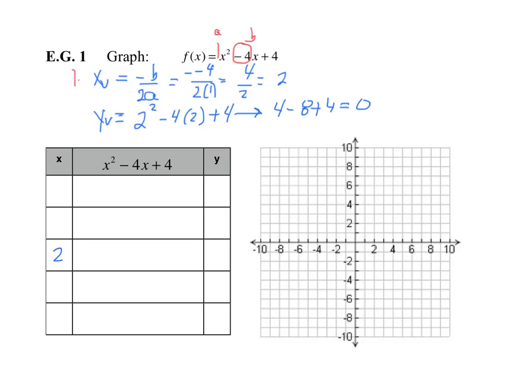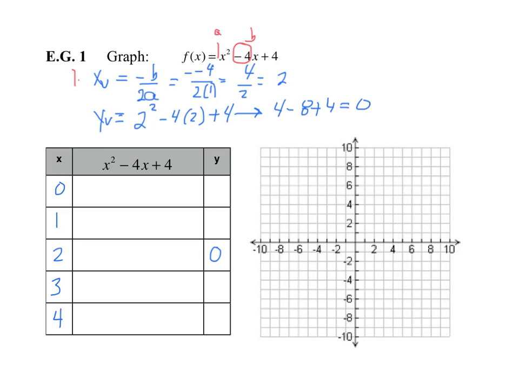We know the xv and we know the yv, so that is placed in the middle of our table. Then we pick two values smaller than 2. I'm going to go down by 1 and down by another unit, and then go up 1 unit, up another unit.